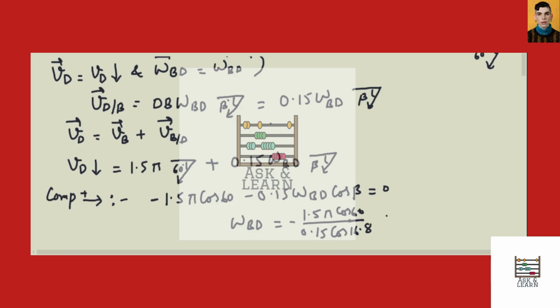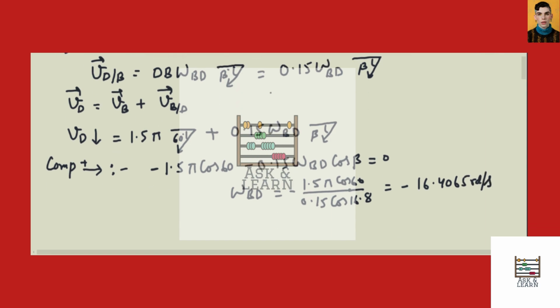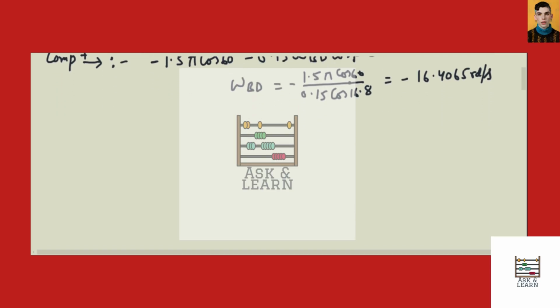So on solving it, this value you will get minus 16.4065 radian per second. So in vector form, you may write 16.4065 radian per second in counterclockwise direction.